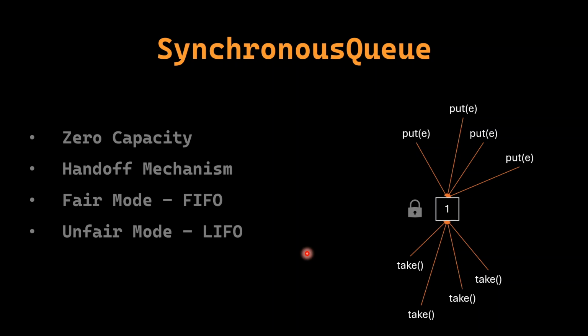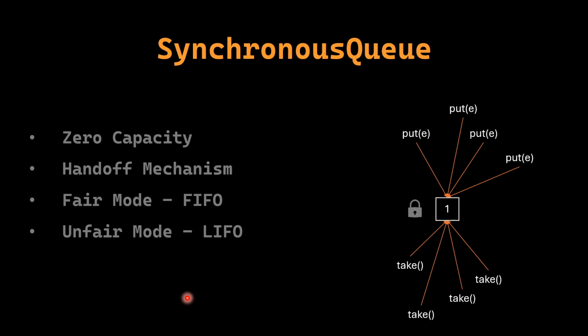In unfair mode, it uses a last in first out stack, which can provide better throughput but may lead to thread starvation. Internally, it uses a stack based transfer mechanism. The choice depends on whether you prioritize fairness or performance in your application.